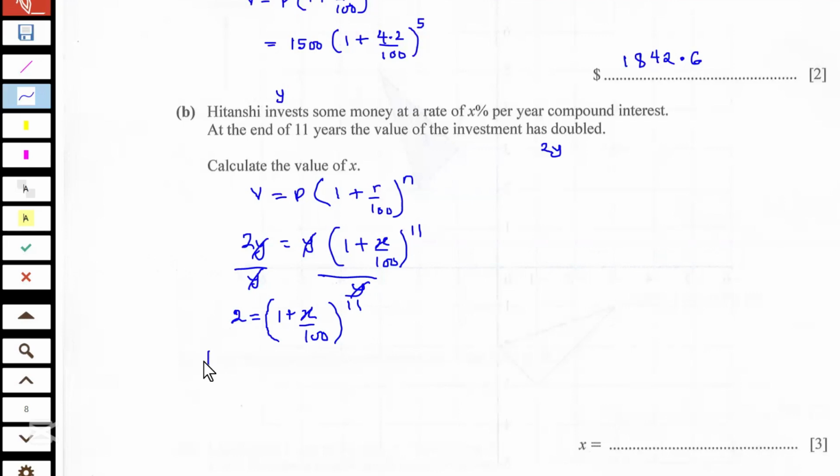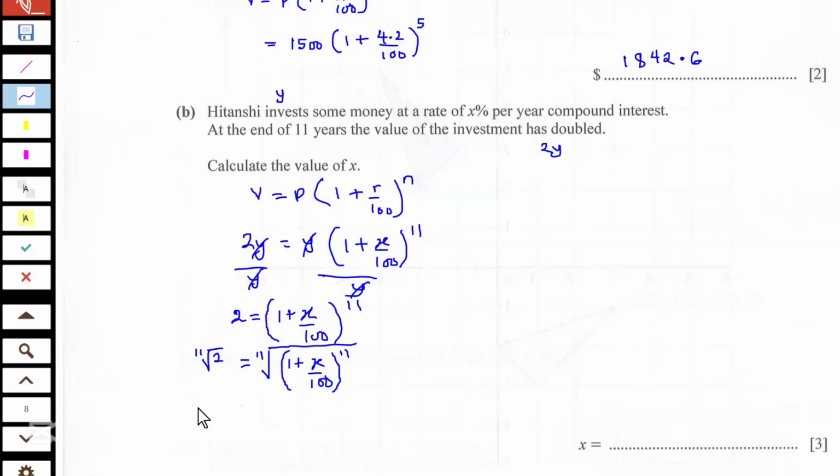So we have the 11th root of 2 equal to the 11th root of 1 plus X over 100, all in brackets, to the power of 11.